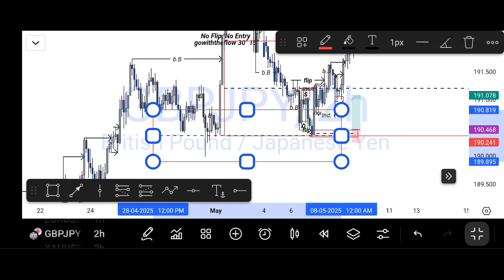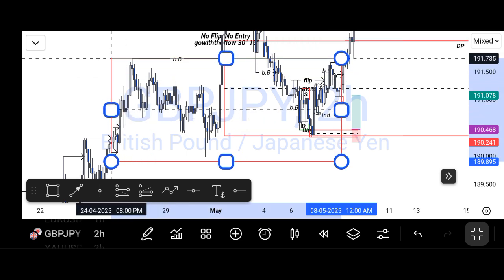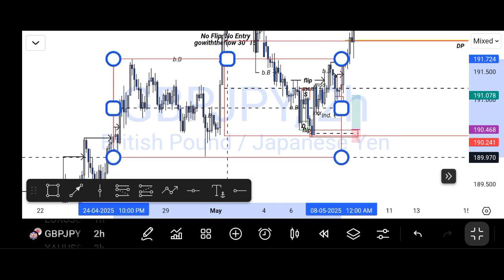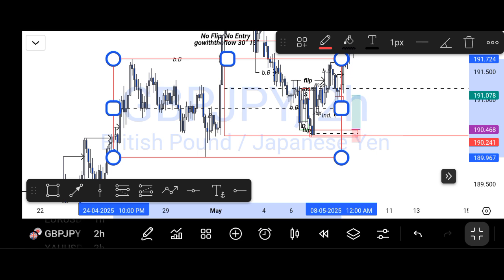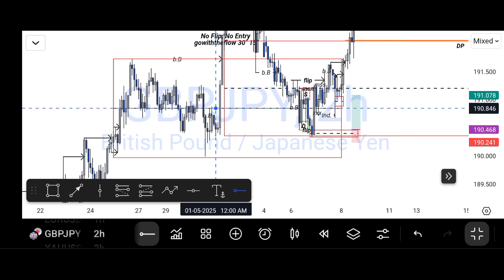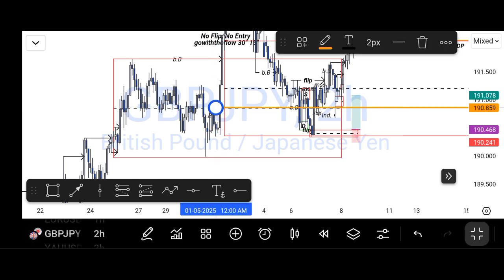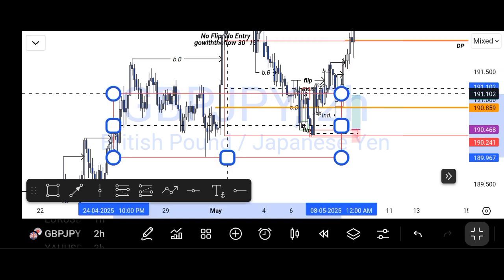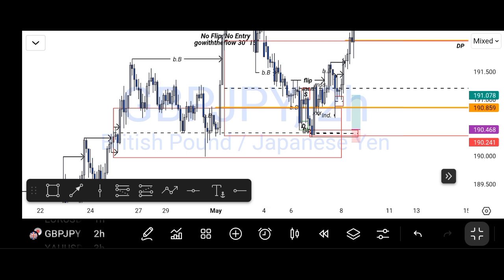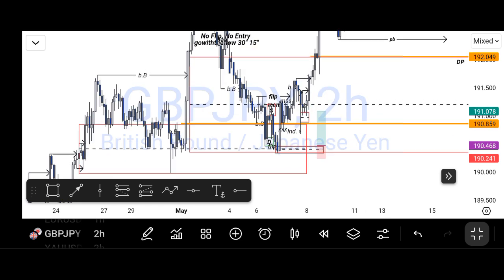Just like I taught you, from that break of structure point to the low of that range, that is our discount zone. So the midpoint of that is our discount level. So we'll just mark it out and we begin to wait for price to come to that zone. Right? We begin to wait for price to come to that level.